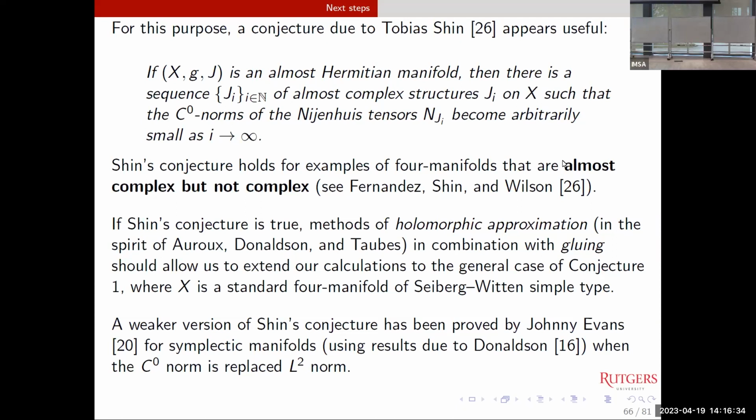It says if you're on an almost Hermitian manifold, then there's a sequence of almost complex structures such that the C0 norms of the non-integrability tensor converge. As we've seen in our calculations, this could be very useful for holomorphic approximation. It's the kind of thing that we'd like to be able to show if you're working over an almost complex four-manifold and its moduli space also.